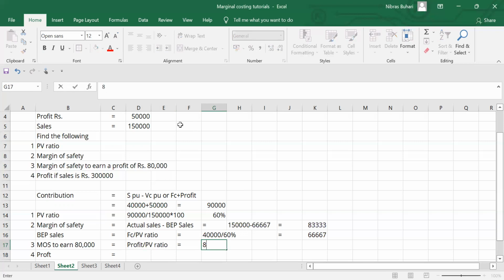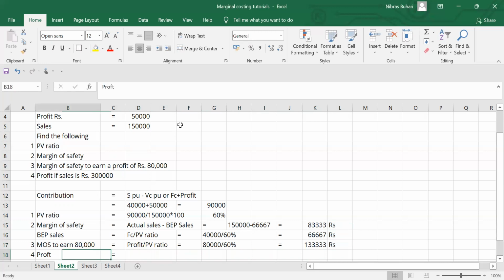That is asked in the question here. 80,000 divided by PV ratio, 60%. 80,000 divided by 60%. Your margin of safety is 1,33,333 for a profit of 80,000.